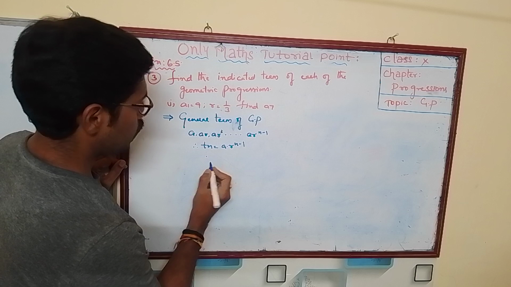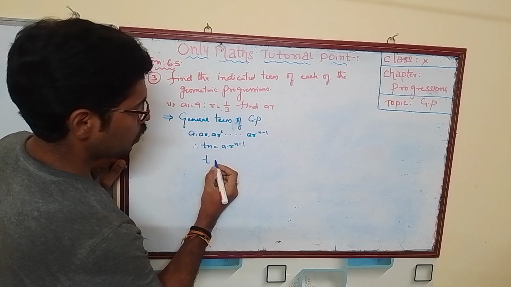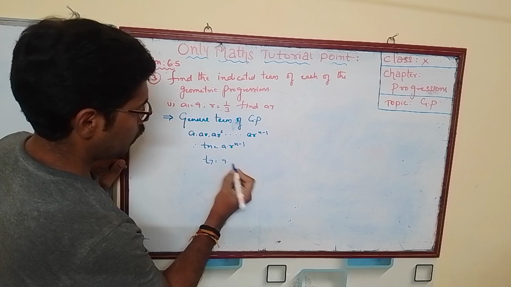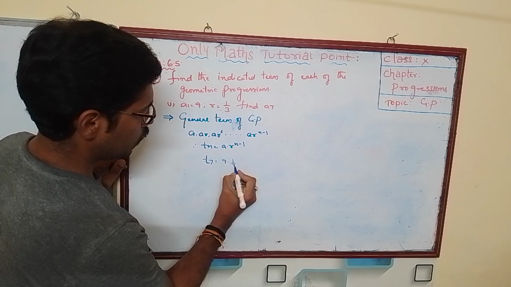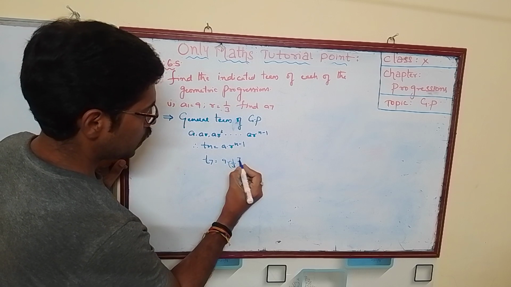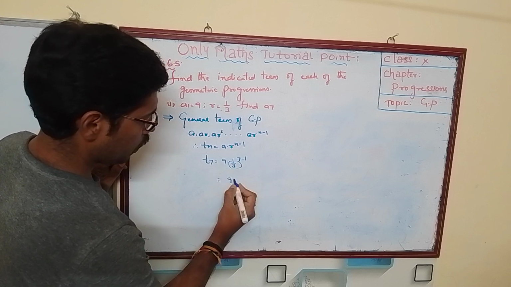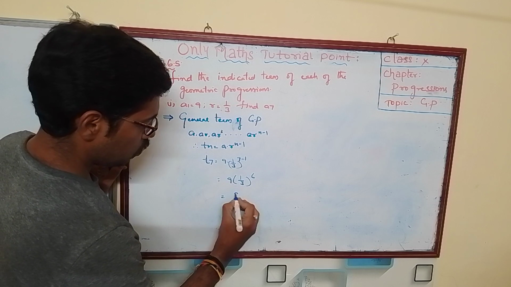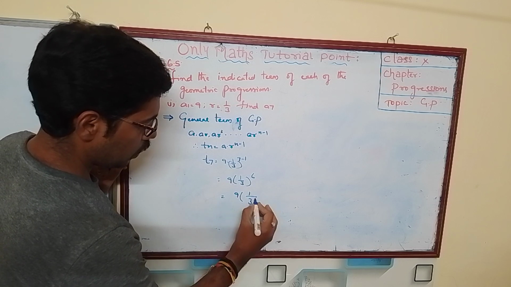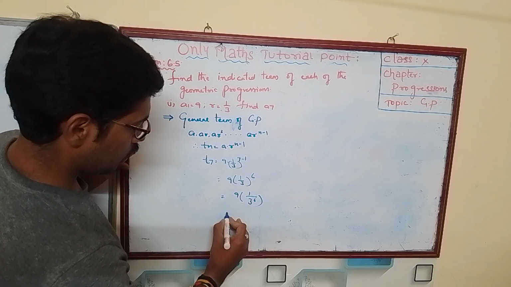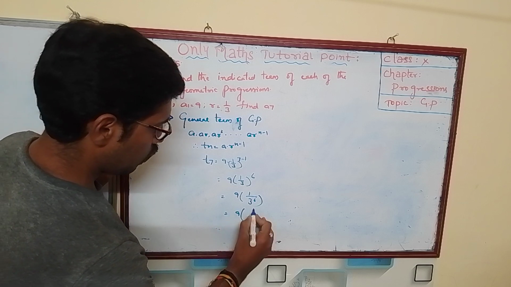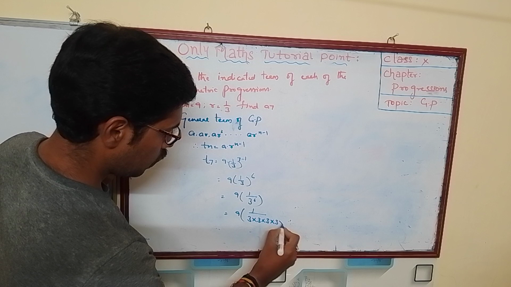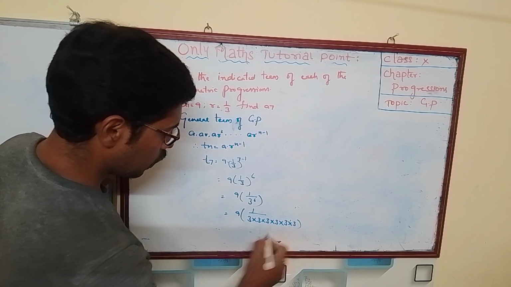So how to find T7? A is given as 9, R is given as 1 by 3, and n value is 7 minus 1. Simplify. 9 into 1 by 3 whole power 6. So 9 into 1 by 3 power 6 equals 9 into 1 by 3 into 3 into 3 into 3 into 3 into 3.